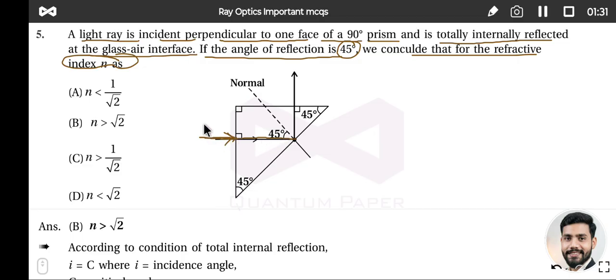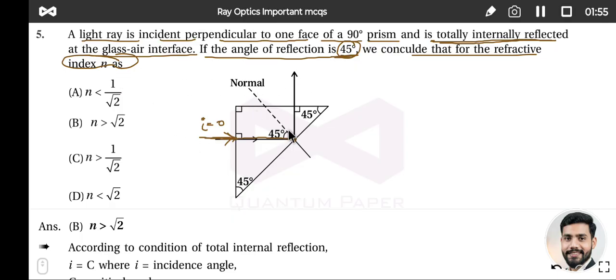That means the angle of incidence is 0 here, and the angle of refraction is also 0. After that it strikes here, and the angle of reflection is given as 45 degree, because it is given that it is totally internally reflected at this surface.